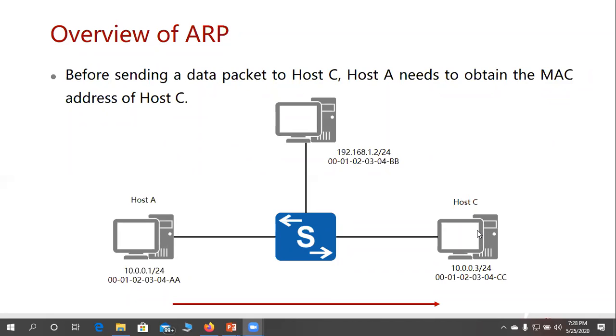C will receive the message and compare its IP address with the IP address in the message. Once they match, C is going to reply to that message, and in that reply, it is going to put its MAC address. That is how host A is going to know the MAC address of host C. And that's when host A will now send the message to host C.